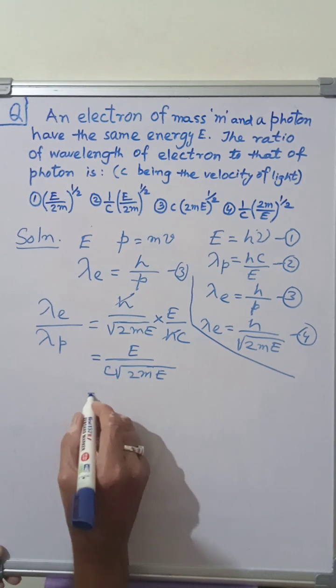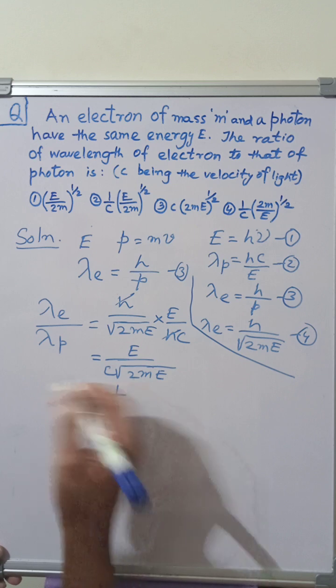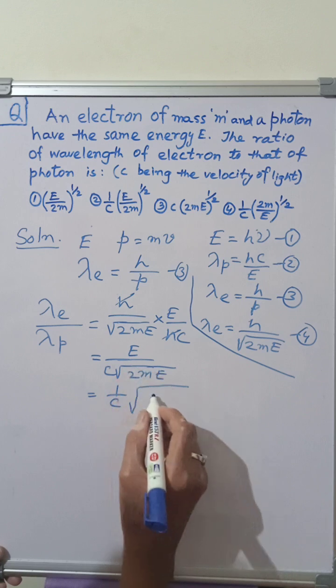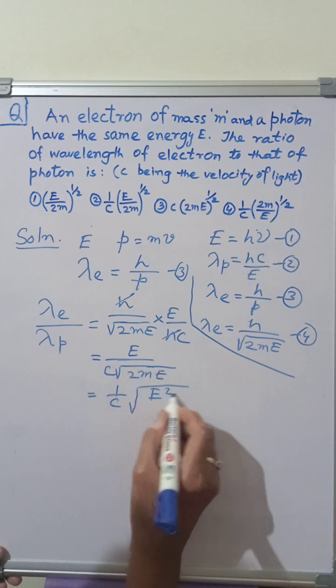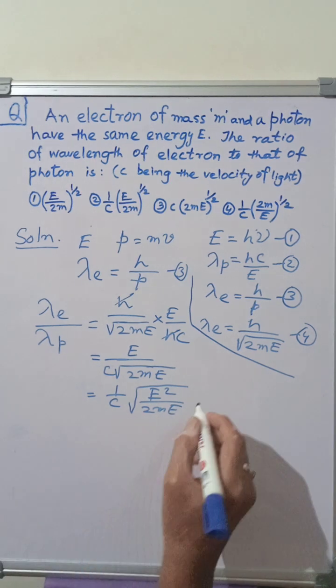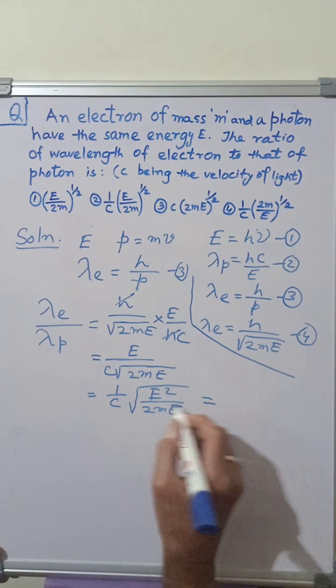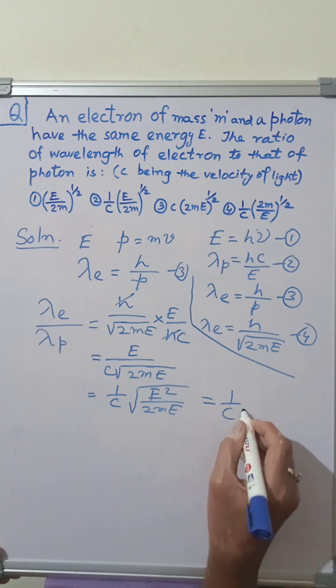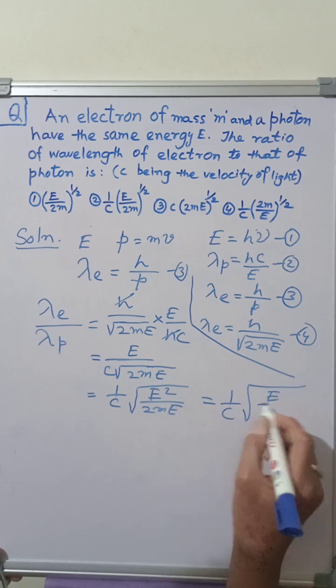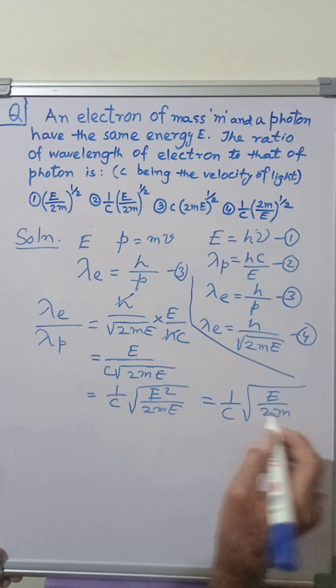Now we keep 1 by c separate and let us take under root, it becomes E square divided by 2mE, which gives us 1 by c root over, 1 E gets cancelled, so E divided by 2m.